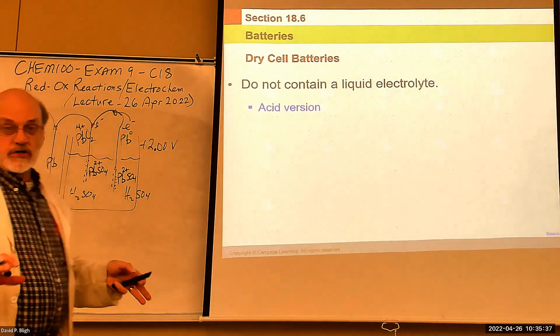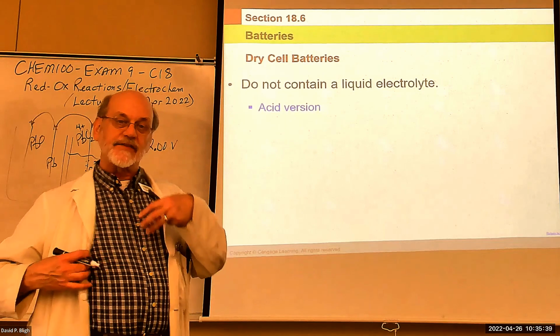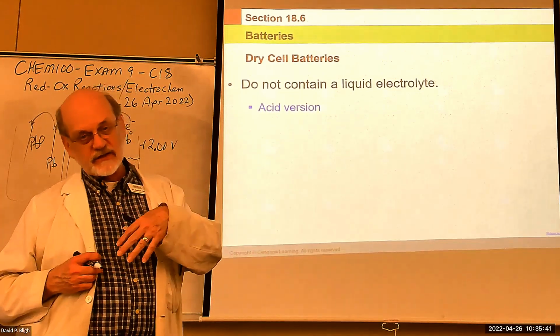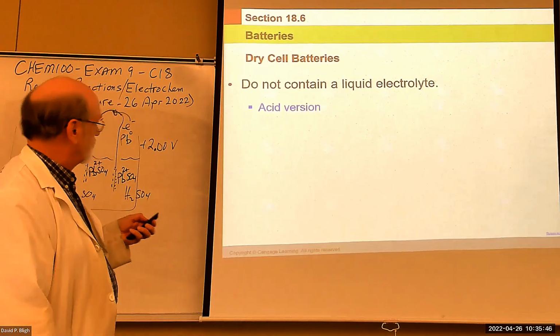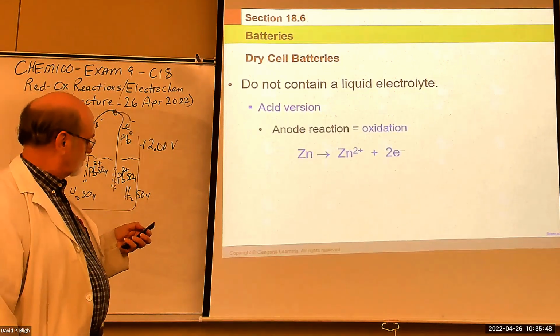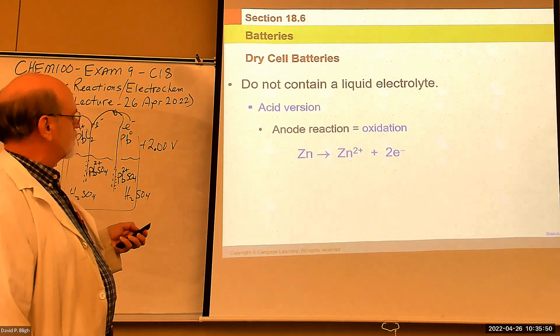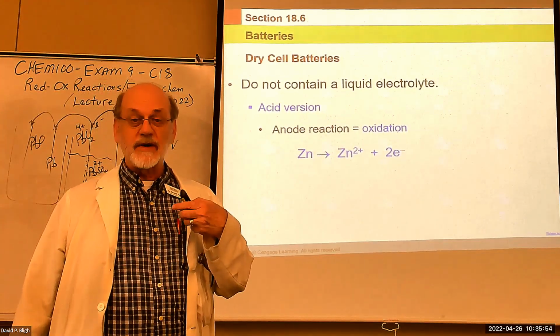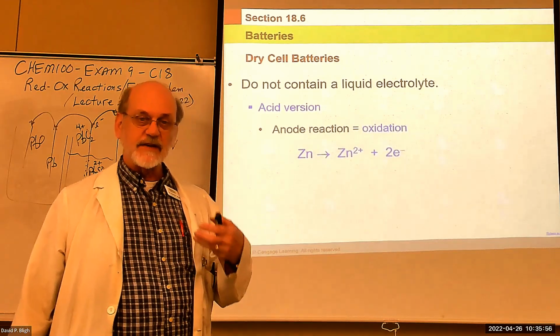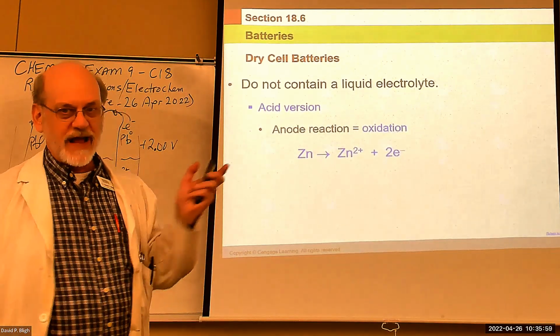Okay, and you can get different versions, right? Remember we talked about balancing the equation in acid solution or basic solution? Well, you can get the same thing with dry cells. You can get the acid version. Well, here's the dry cells that I was talking about, the D's, the C's, the AA's, AAA's. That's a different reaction.